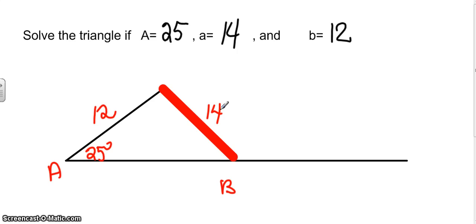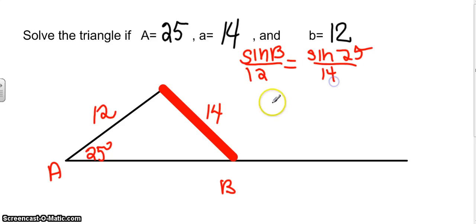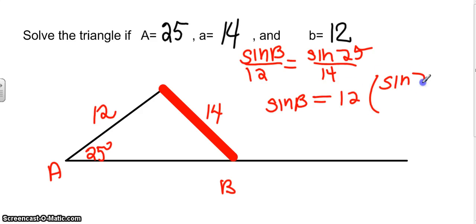So I'm going to solve the triangle, which means I need to find all the angles and all the sides. I know I'm going to have exactly one triangle, so I'm going to use the law of sines to find B. So I'm going to say sine of B over 12 is equal to sine 25 over 14. I want to solve for sine B. And in my calculator, what I want to do is find the arc sine, because I'm finding the angle.